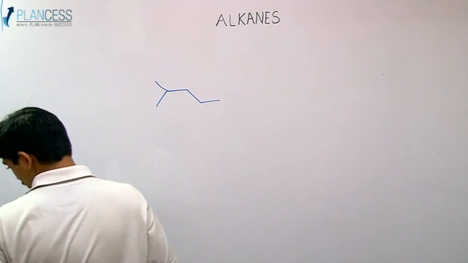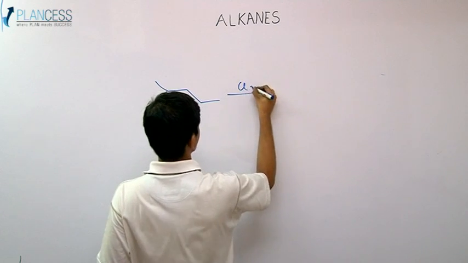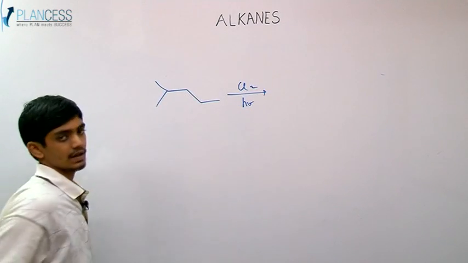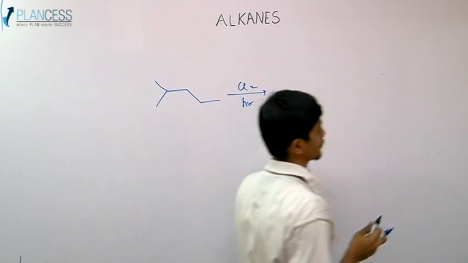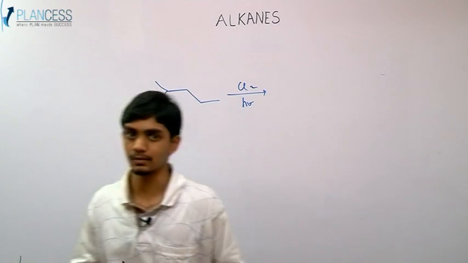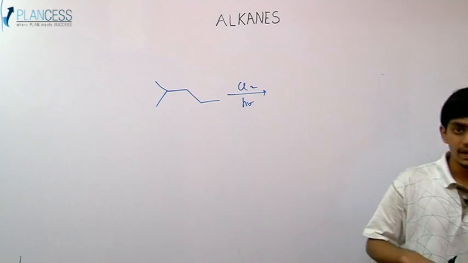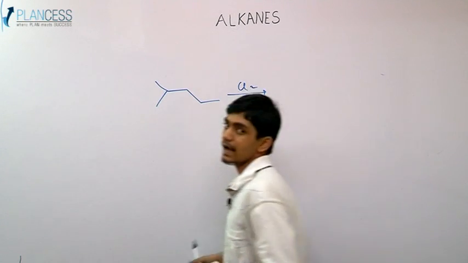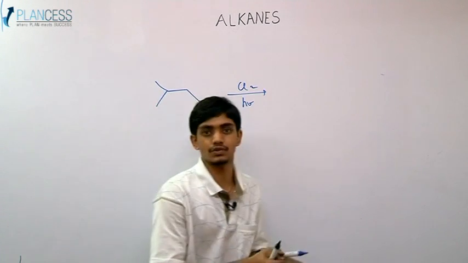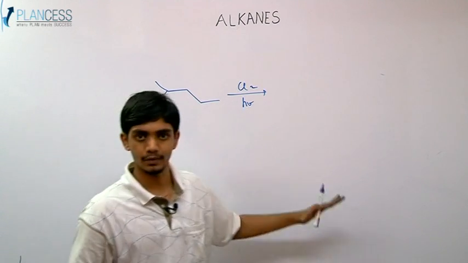Fine. Now this compound is monochlorinated, Cl2 and h nu. We know that when chlorination is done, many isomeric products are possible and they come in different ratios. Here they are just asking, write the structures of all the isomeric products.